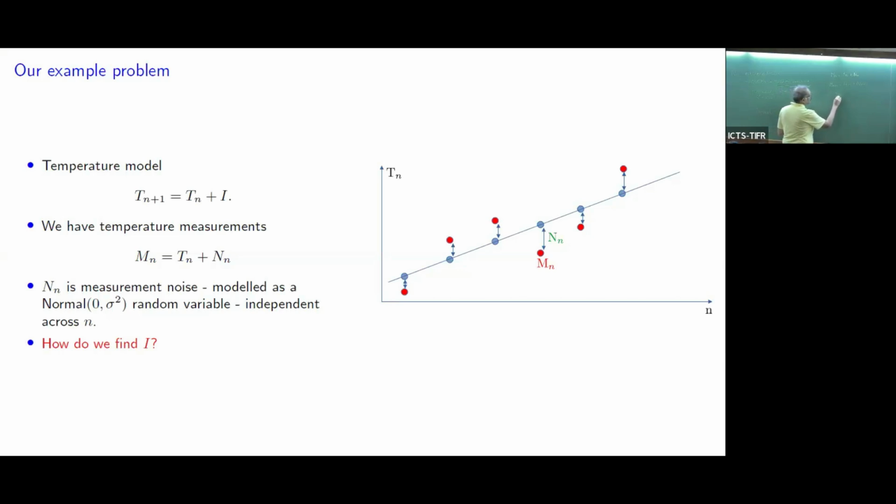What we are saying is Tn plus 1 is Tn plus I. Is there a way to get I from this? We can think about subtracting. If we subtract this from that, according to our model, what we get will be I plus this.